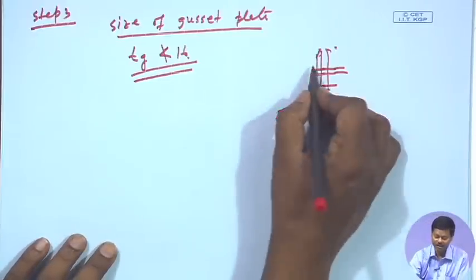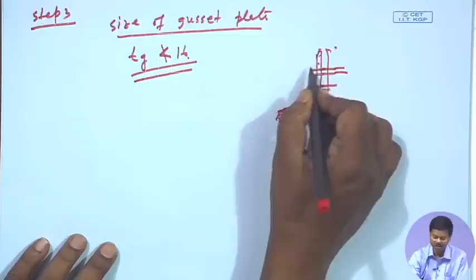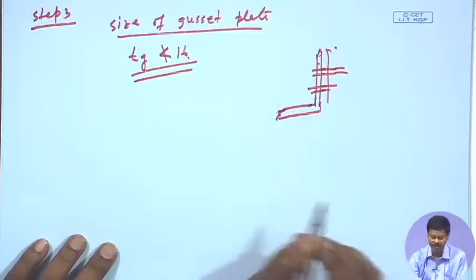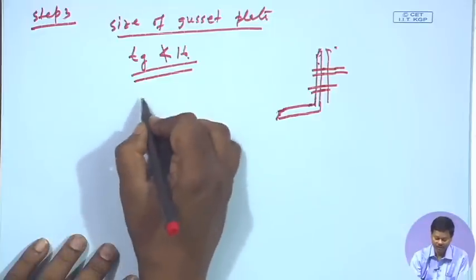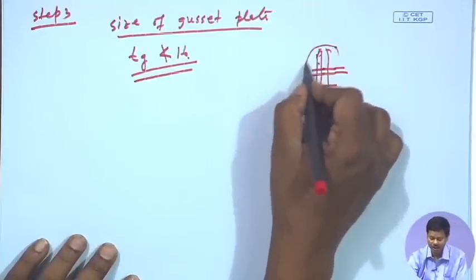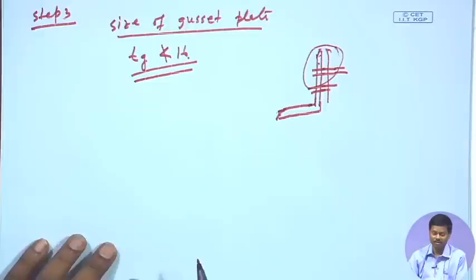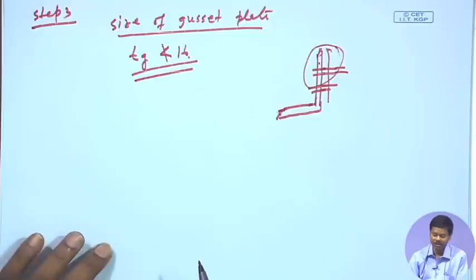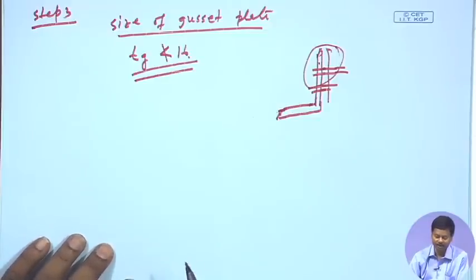Then the thickness of the gusset angle should be kept approximately equal to the thickness of the gusset plate, and the length of gusset material generally we keep equal to the length of base plate parallel to the flange.